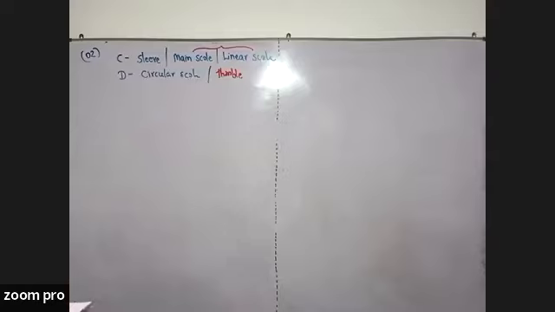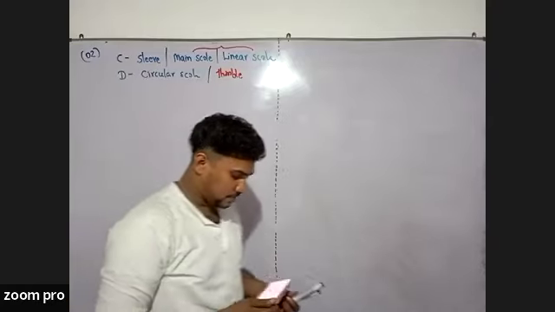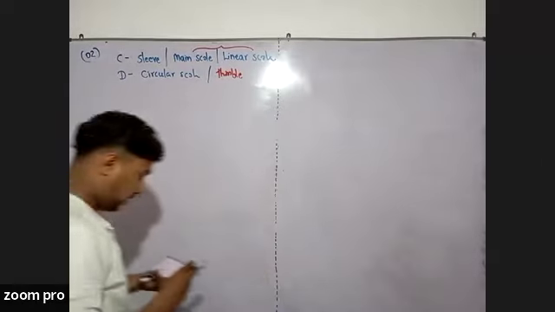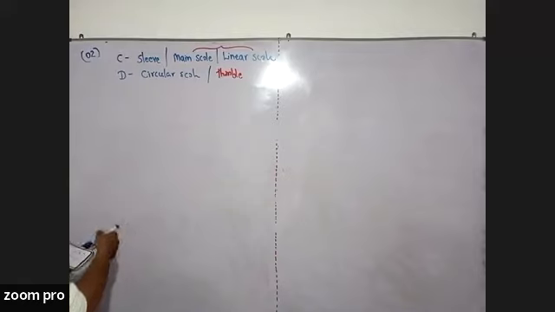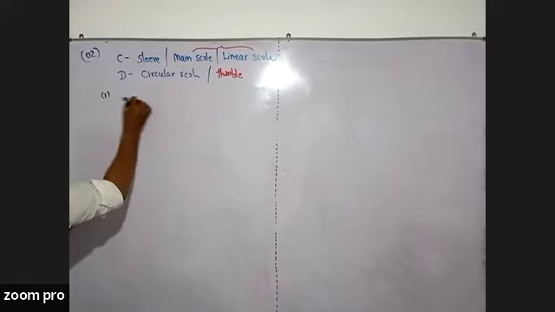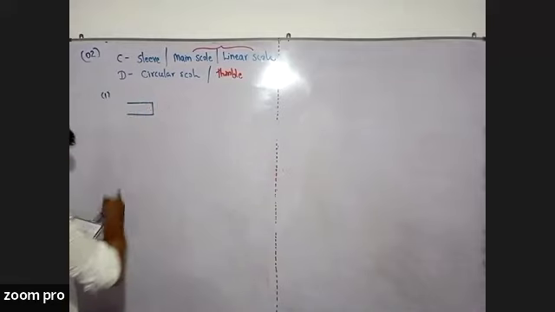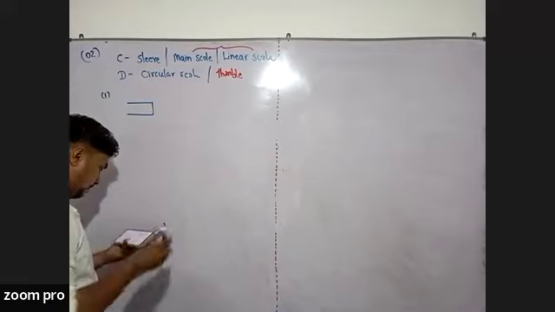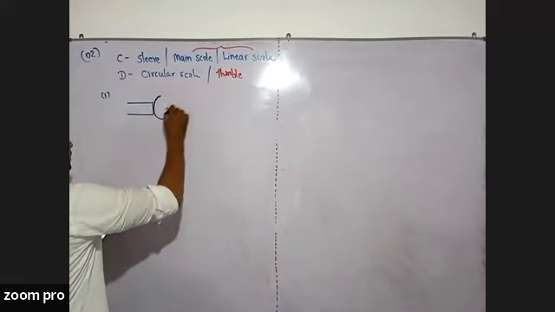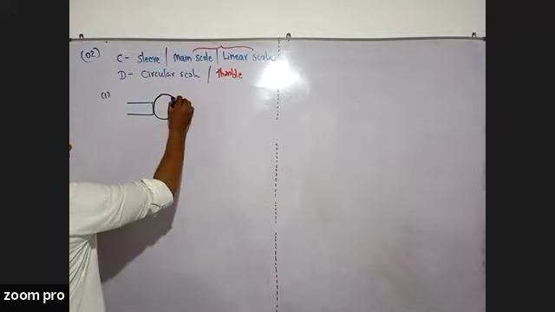In the first part, denote the forces acting on the sphere when it is tied between A and B on the shown diagram. This spherical object is kept between the anvil and the spindle, and you are asked to mark the forces.